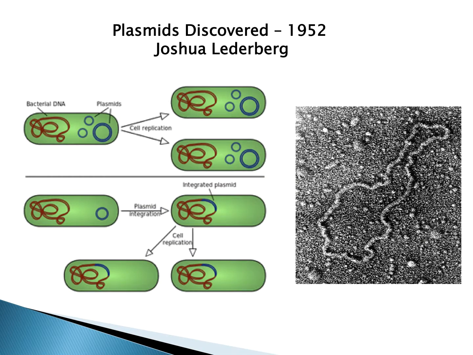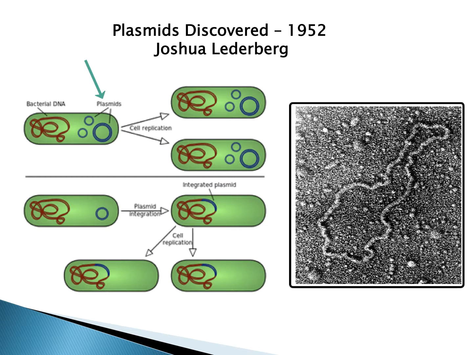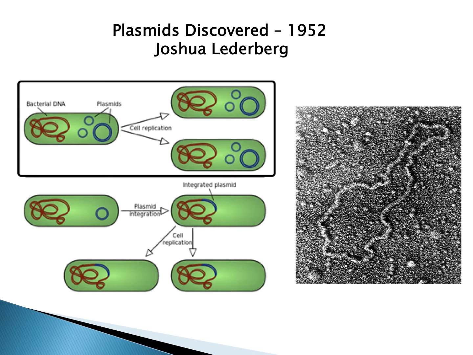In 1952, Joshua Lederberg discovered plasmids. So these were extrachromosomal, autonomously replicating fragments of DNA that were found in some bacteria in addition to the chromosomal DNA. And so now we have other parts of the cell which contain other hereditary units that aren't attached to the chromosome.